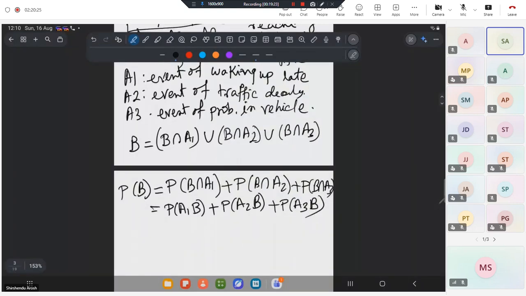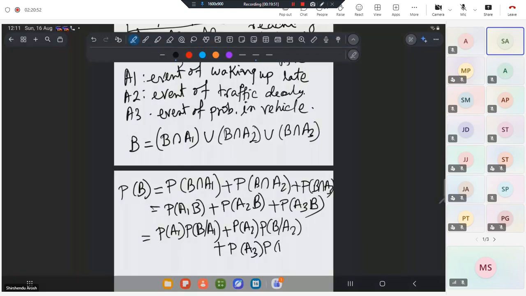Now again, I am going to use the theorem of compound probability just to write in terms of the dependency, because dependency is easy to compute. So I can write P of A1 times P of B given A1, P of A2 times P of B given A2, plus P of A3 times P of B given A3.